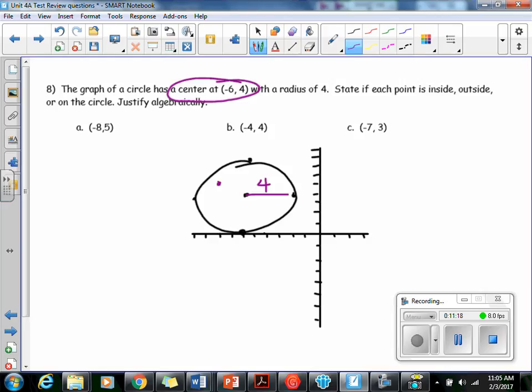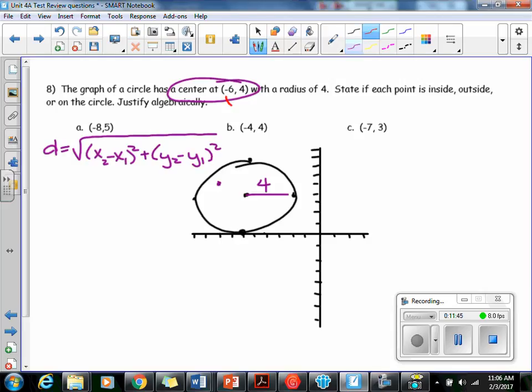So to do that, you can use the distance formula. The distance formula, you may or may not remember, is the square root of (x2 - x1)² + (y2 - y1)². So you can do it algebraically that way. If you do that, you do need to label your points.